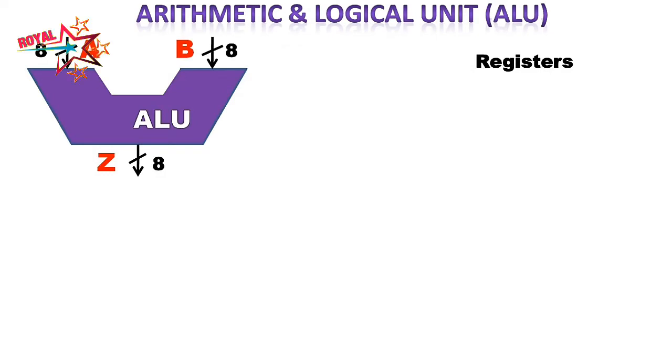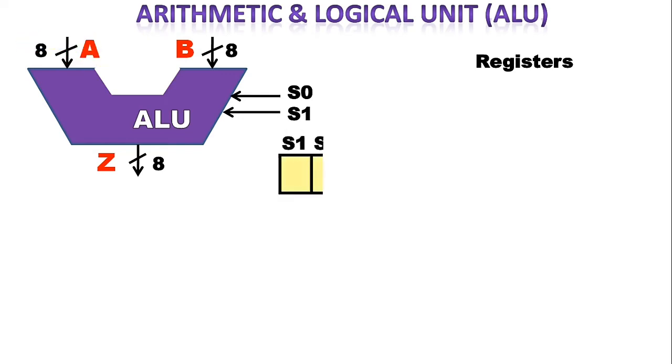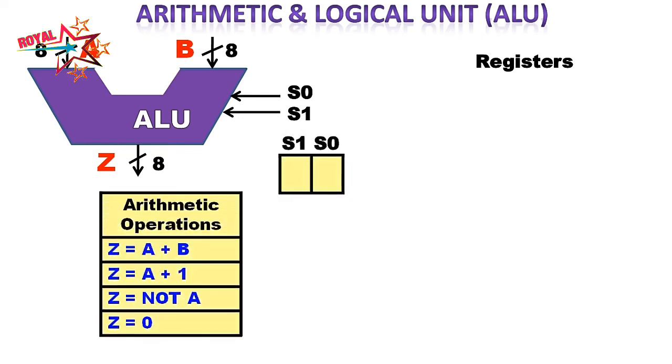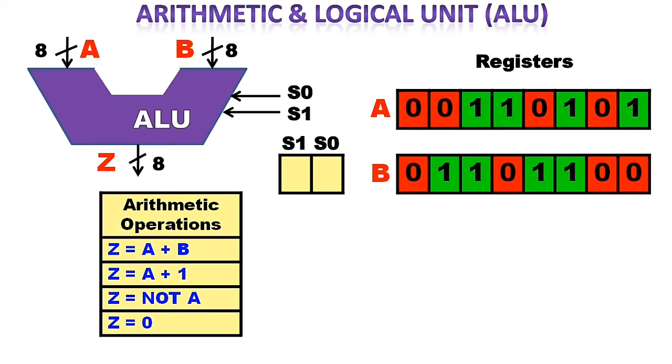Suppose that we have an ALU that receives 2 control bits. Because there are 2 control bits, we can encode 4 operations for the ALU to perform. I have chosen 2 arithmetic operations and 2 logic operations for an example. The ALU receives inputs from 2 8-bit registers and sends out 8 bits of information back to the register file.